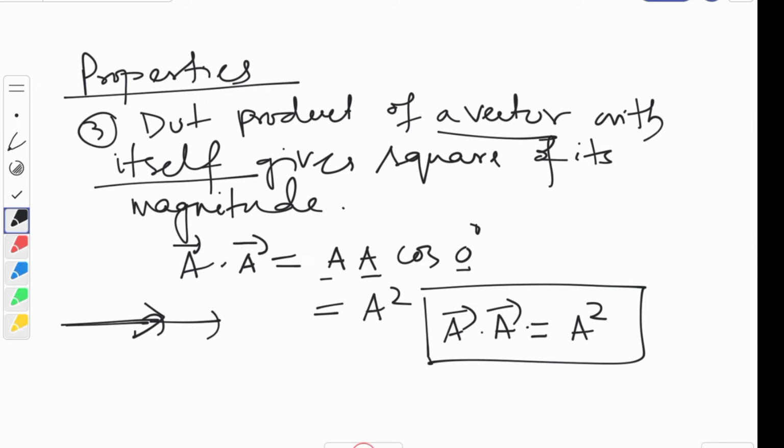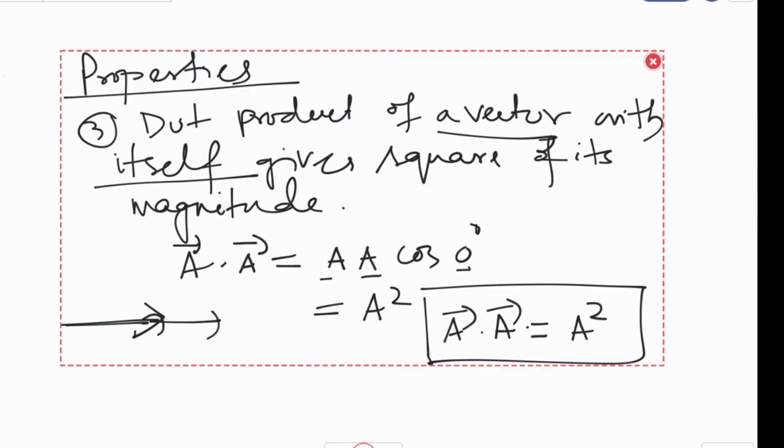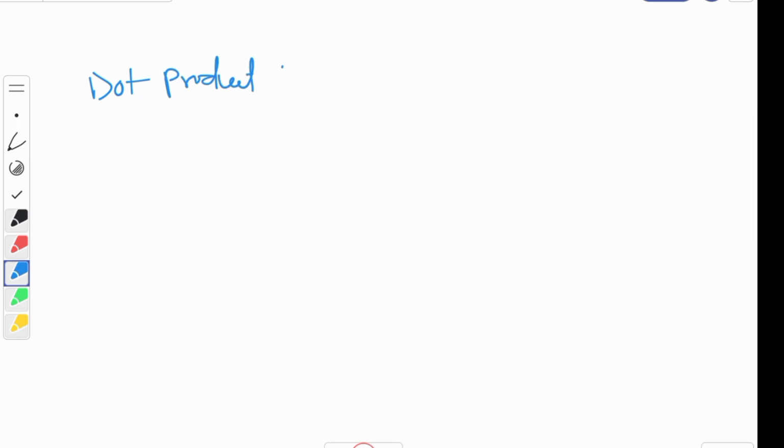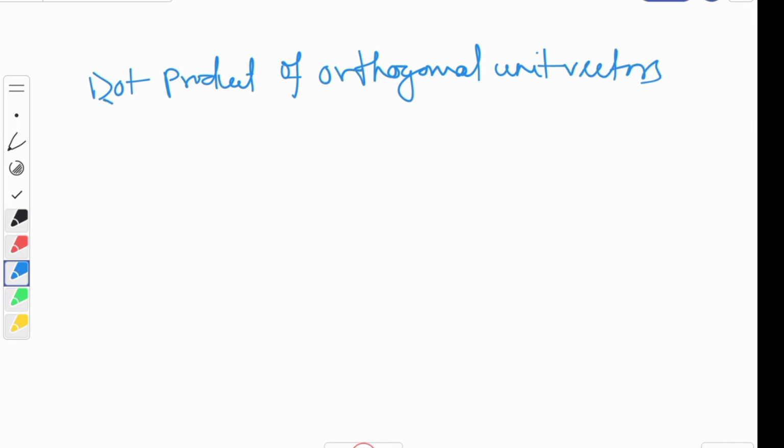Now we'll see what the dot product formula is for orthogonal unit vectors. We'll move to the next part, the dot product of orthogonal unit vectors. You know, we have already discussed orthogonal unit vectors.